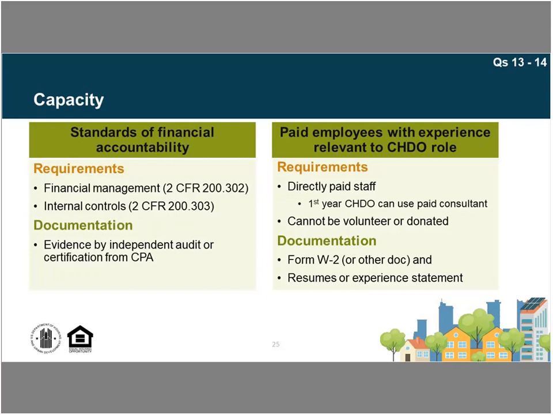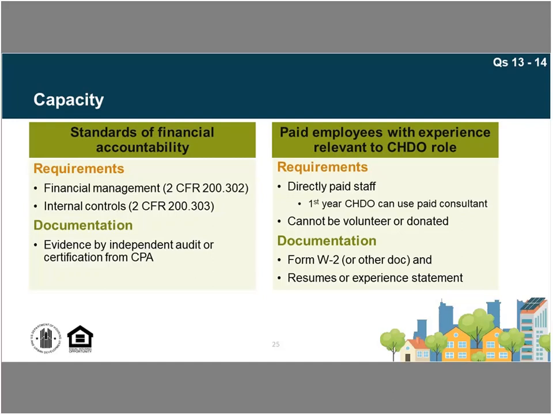The other topic then for capacity runs to the staff. HUD has clarified this capacity and experience issue, and a lot of changes were made with the 2013 rule to make it clear that a CHDO has to have directly paid staff.